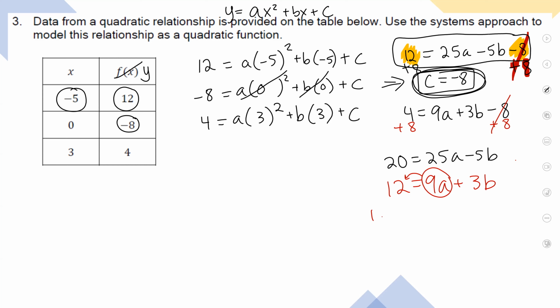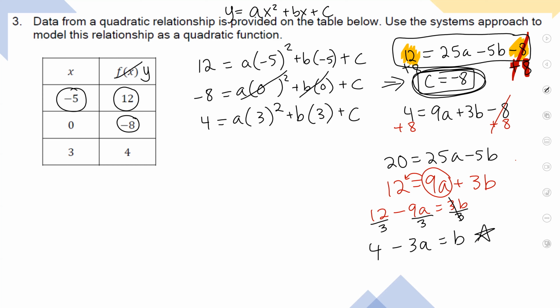So it'll be 12 minus 9A equals 3B. And we divide everything by 3. Now look, B's by itself. So what I have is 12 divided by 3 is 4, 9 divided by 3 is 3. So this is my B equation.